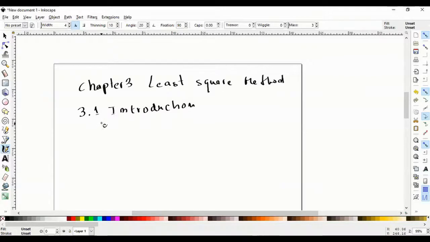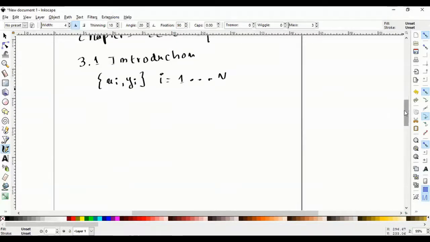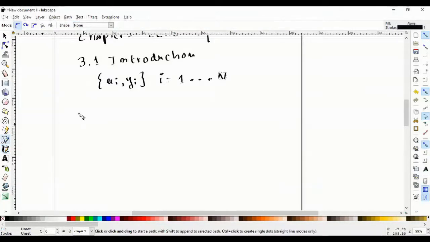Basically, in the last chapter, when we had a collection of points xi, yi, we found a polynomial that was passing through these points xi, yi. In this chapter, instead of finding a polynomial that passes exactly through these points, we will fit these points with a function that can be a polynomial.